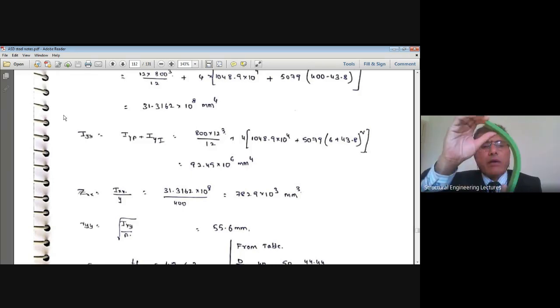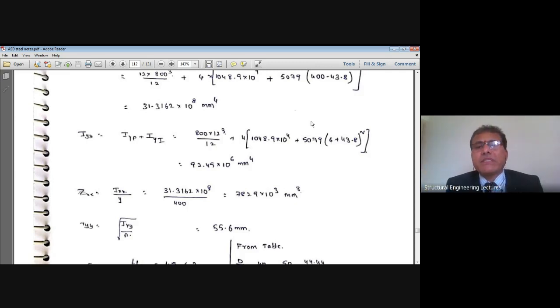Therefore, with thickness 12, bd cubed by 12, plus the moment of inertia of this angle. About both the axes they are the same, Ixa is equal to Iya, right? That is transferred to the CG, the vertical centroidal axis, right? Ah square, where h is nothing but 12 by 2, half the thickness of the main plate, plus this angle CG is at a distance of 43.8.